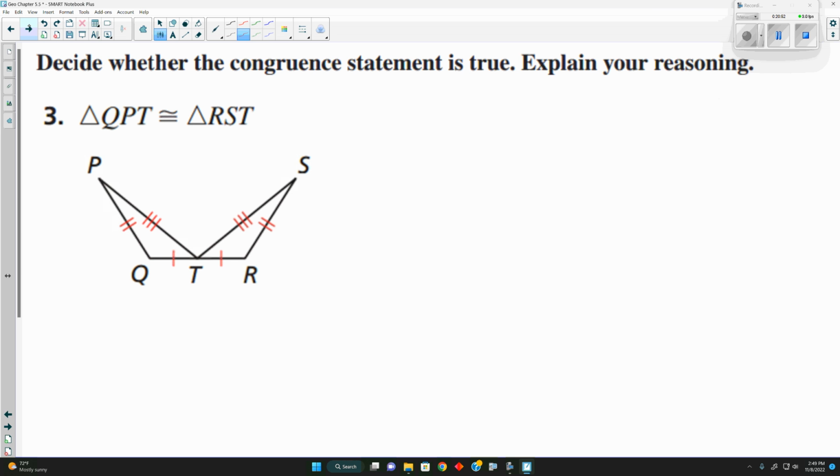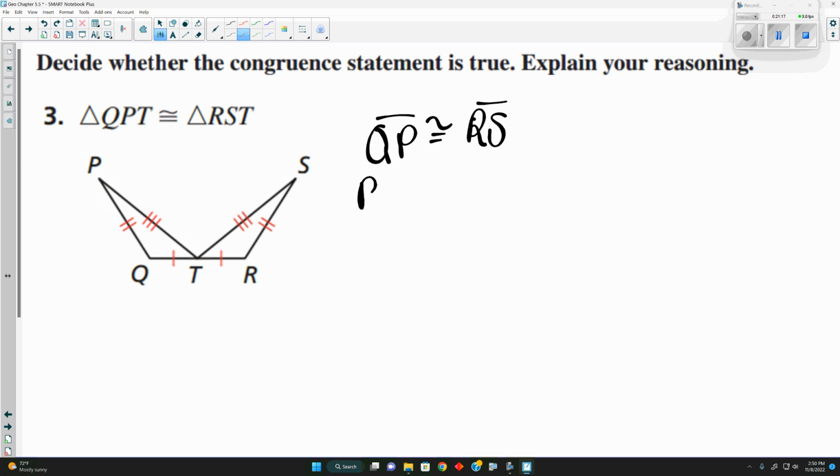QPT. So Q, P, T, 2, 3, 1. So start at R, 2, 3, 1. So the statement is good, and we can say that QP is congruent to RS or SR, either one.